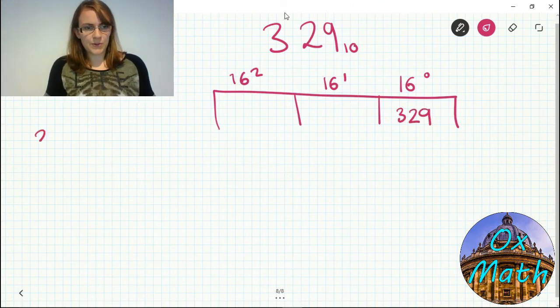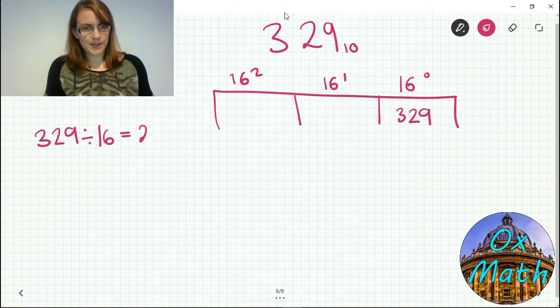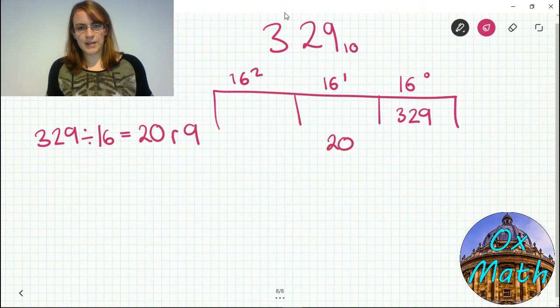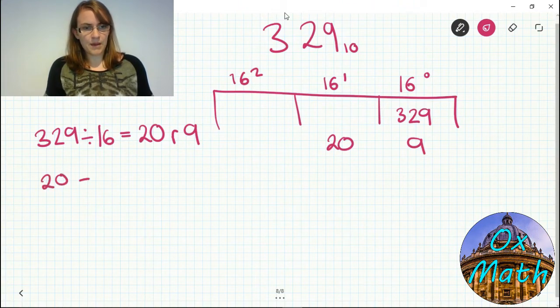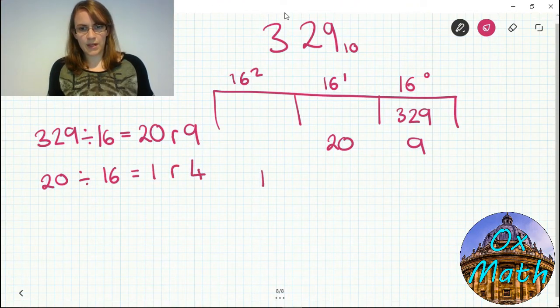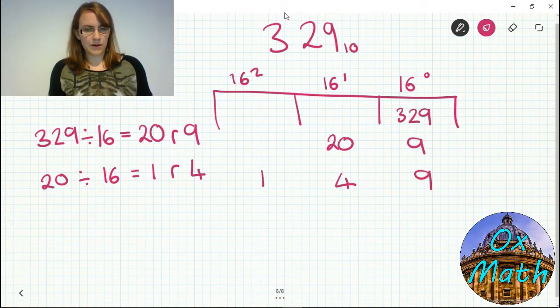So we split our 329, see how many 16s go, and that would be 20, remainder 9. So we can represent that as 20 lots of 16, remainder 9. 20 is still too big, so we split that down, and that is 1, remainder 4. So we can put a 1 in here, 4 in here, we've still got our 9.